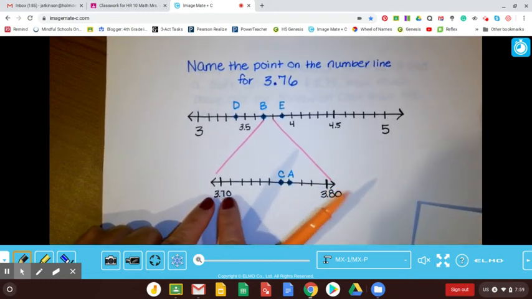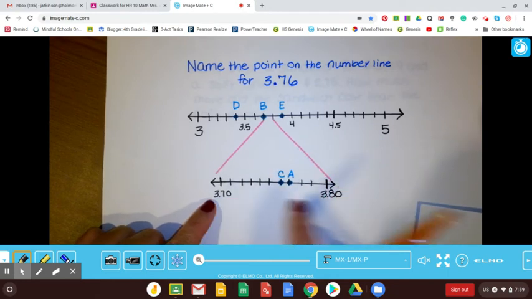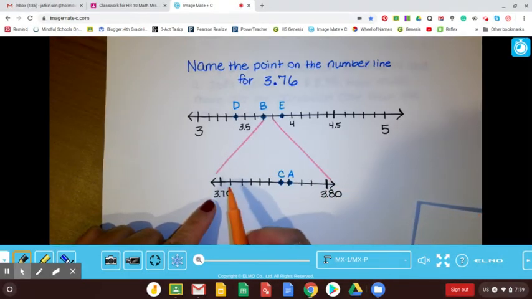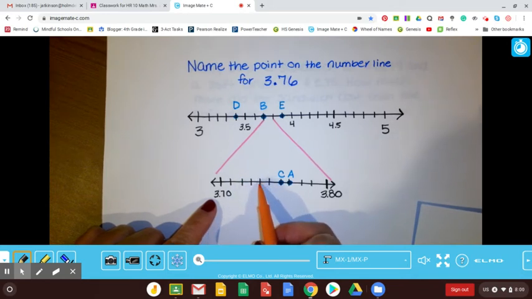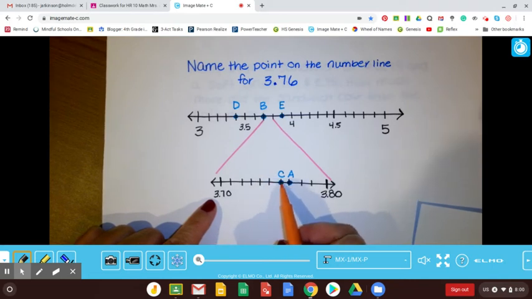And so let me just check out this one. I have 70 hundredths, 80 hundredths. So like this would be 71, 3.72, 3.73, 3.74, 3.75, 3.76.